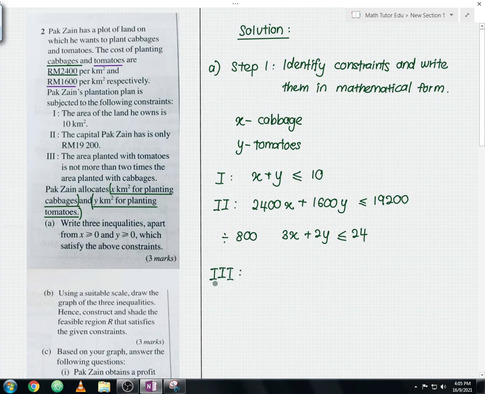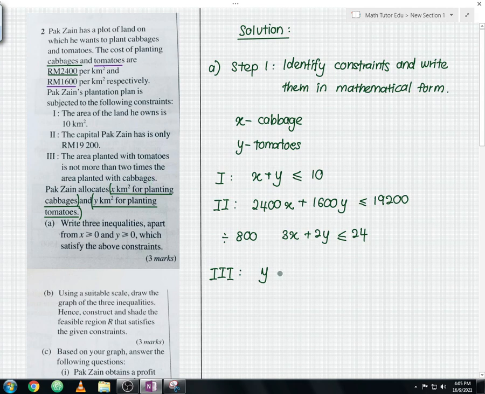Constraint 3: the area planted with tomatoes is not more than 2 times the area planted with cabbages. We have already made it clear that tomatoes is y and cabbages is x.